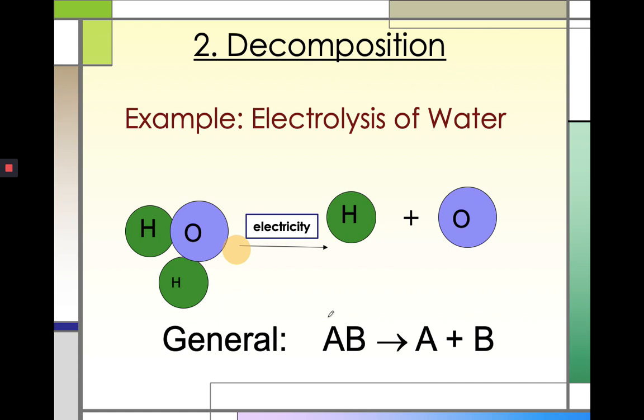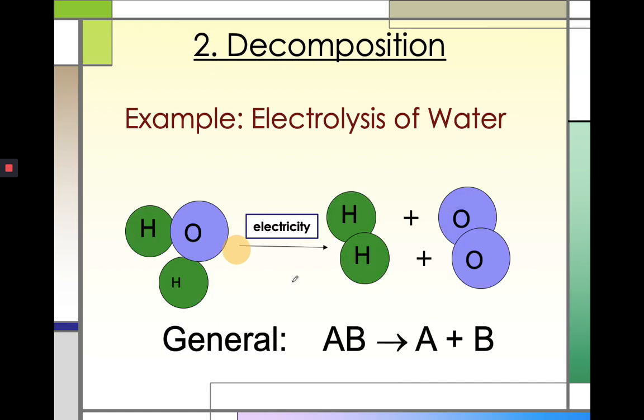So what happens here is, in the general form, this is the opposite of synthesis. So there you have a larger molecule being broken down into smaller ones. So that's AB will give you A plus B. So you can use any agent of decomposition here, for example, heat, or you can have acids or electricity.